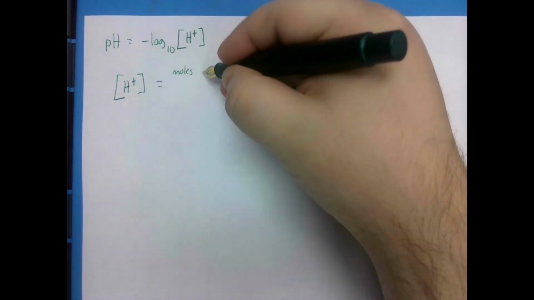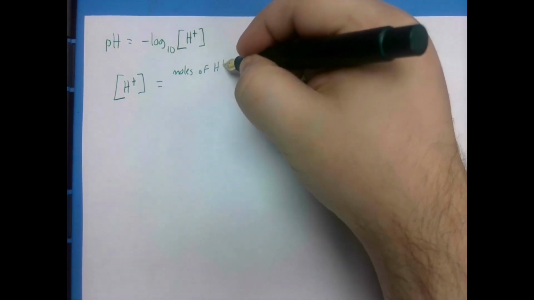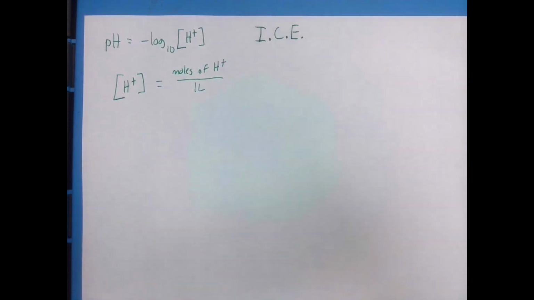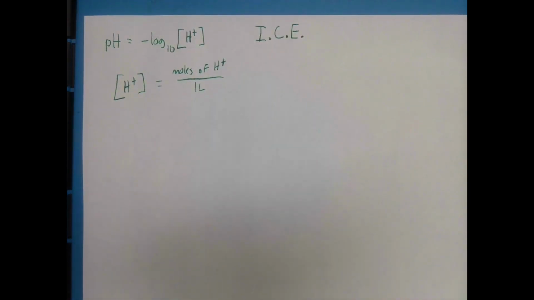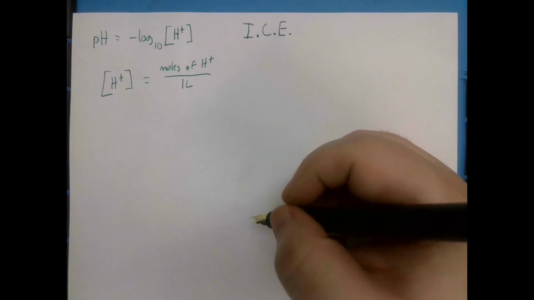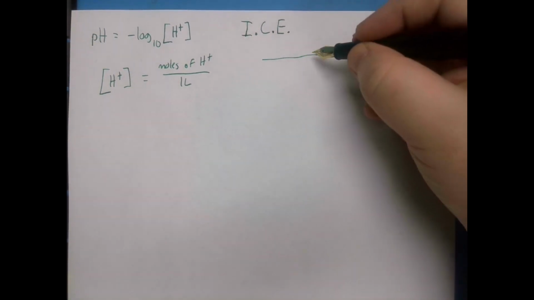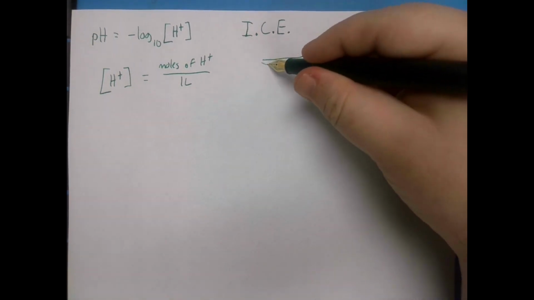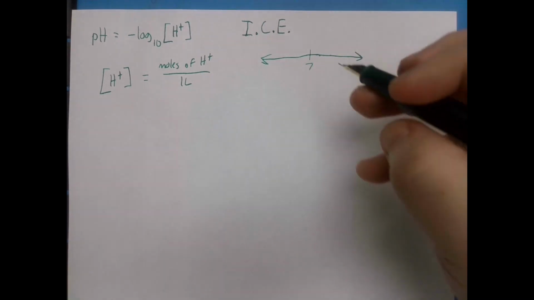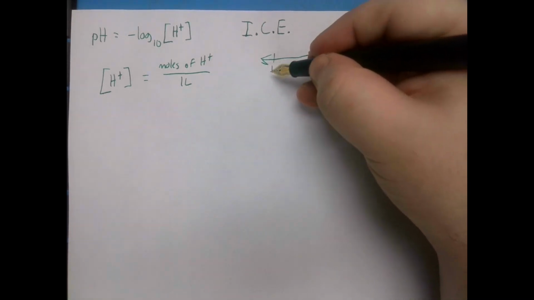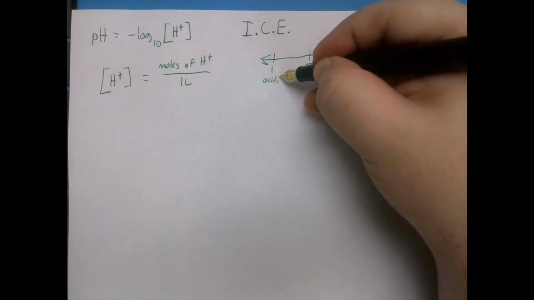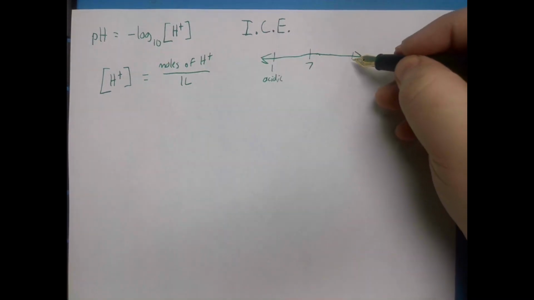Moles of H plus per 1 liter. So on our scale of pH, we see 7 in the middle. We see 1 toward the acidic side. You can get smaller than 1.